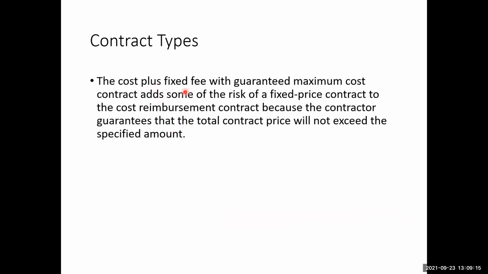The cost plus fixed fee with the guaranteed maximum cost, as we discussed before, adds some of the risks of a fixed price contract to the cost reimbursement contract, because the contractor guarantees that the total contract price will not exceed the specified amount.